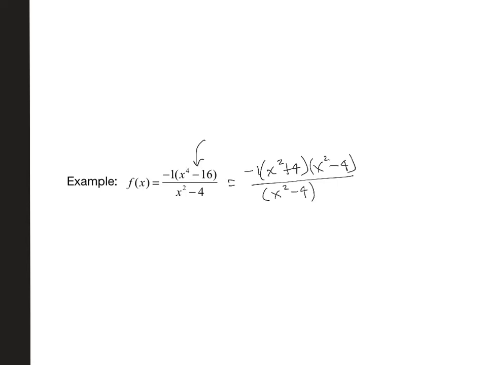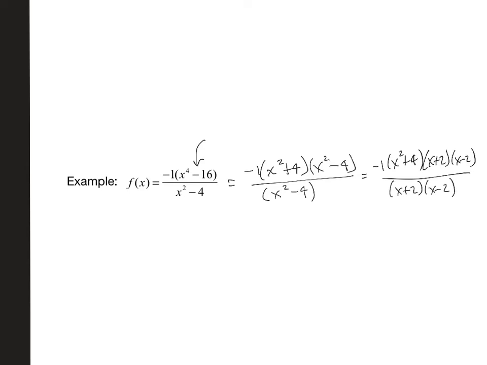Look at this. I do see a common factor, but before I cross it off, I probably should factor it just a little bit more. This thing does factor even more. It factors to be x plus 2 and x minus 2. And down here, this is also x plus 2 and x minus 2.